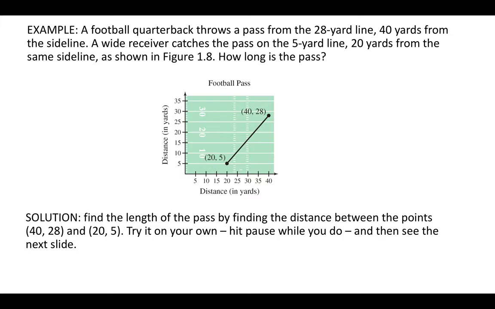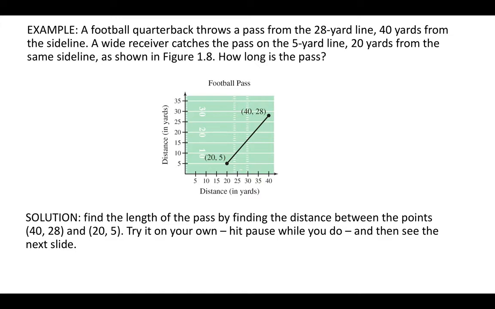So we're passing from 20 yards from the left sideline at the 5-yard line to 40 yards from the left sideline to the 28-yard line, and we want to find the length of that pass. I'm going to ask you to try that out on your own, and if you're watching this in a film, you can hit pause or just don't advance things yet, and we'll see the answer on the next slide.